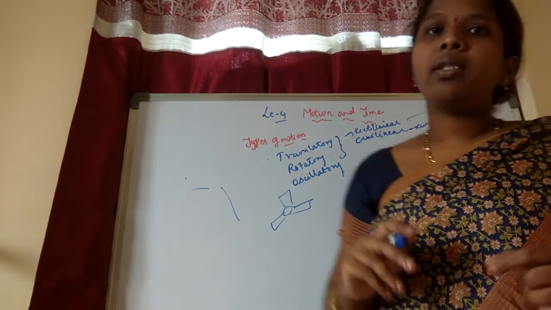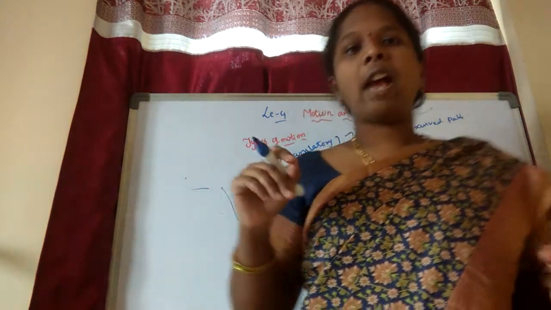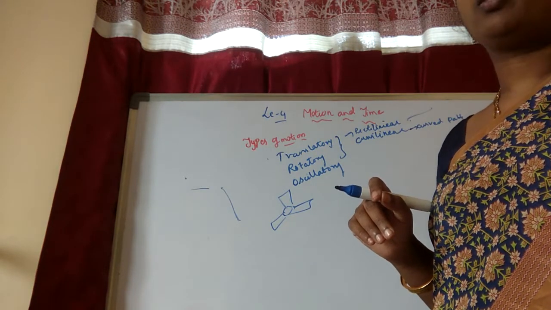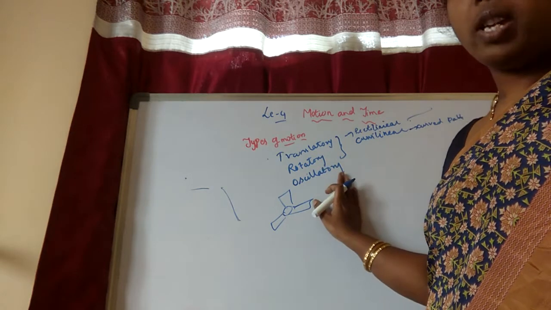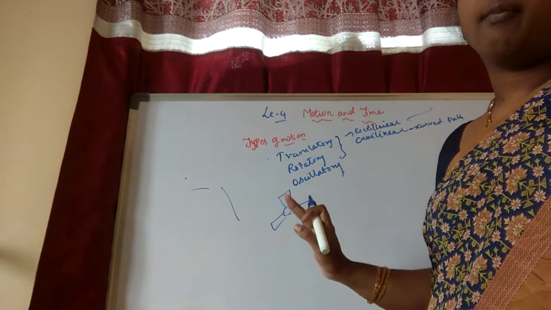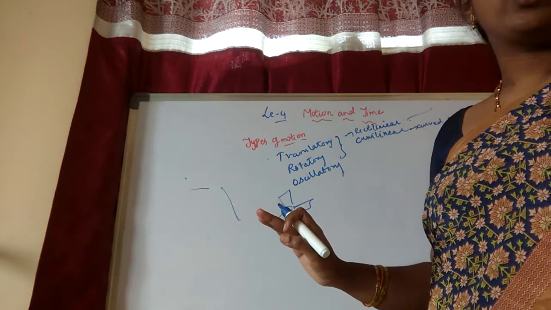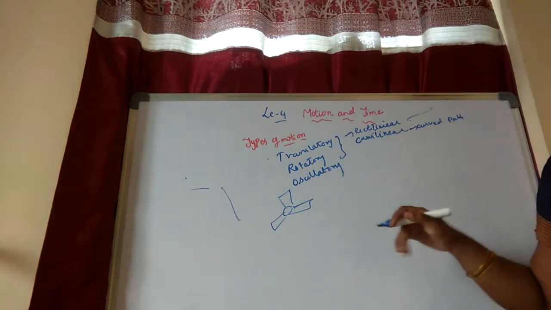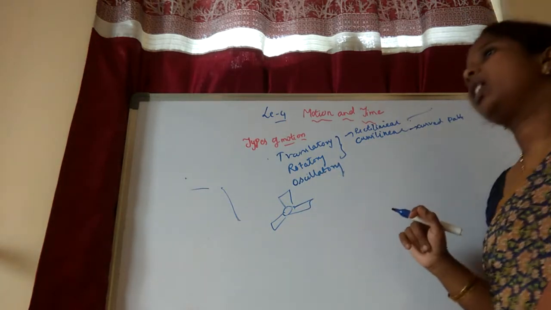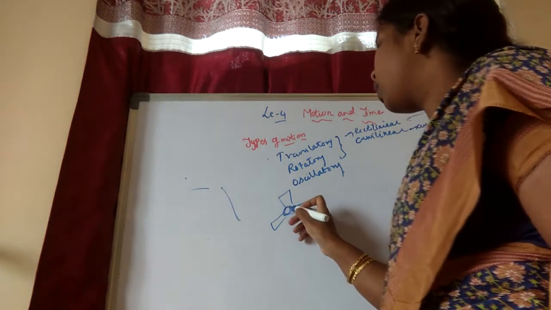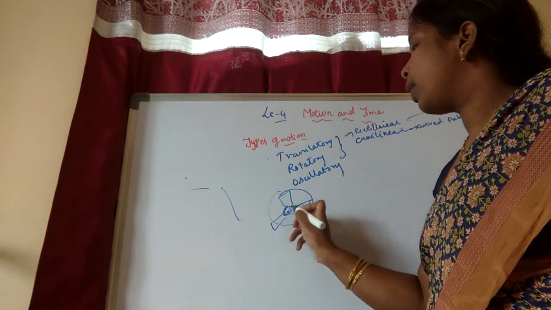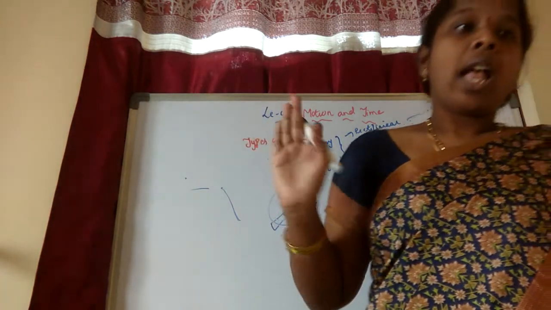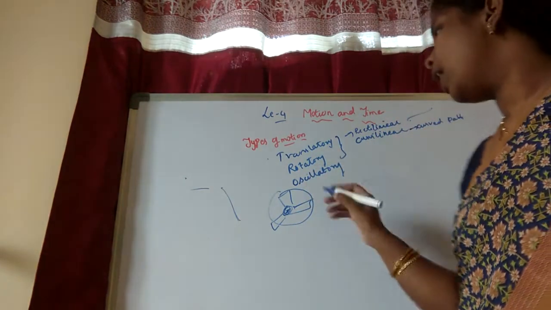The position of the fan is not changing, but the position of the blades is changing continuously, and they move in a circular path around a fixed point. That is called a rotatory motion. And in this rotatory motion, what will be the axis of rotation?